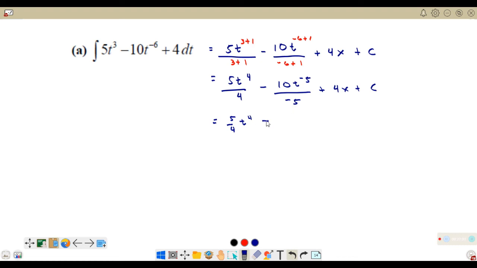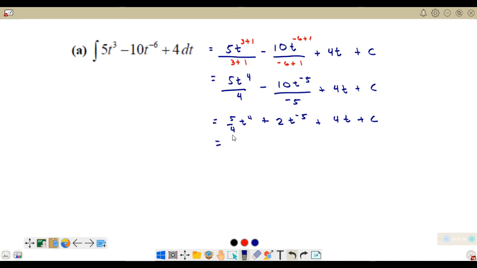That is negative 2. So, plus 2 na to. Plus 2 t raised to the negative 5 plus 4. Teka, ba't ko to ginawang x? Sorry ha. Kanina ko pa kayo nire-remind. Ako yung hindi nasunod. So, yan. T ito. Kasi with respect to t tayo. So, 4t plus c. Now, you have the option, kasi hindi kayo sanay dito, di ba, sa may negative na power.